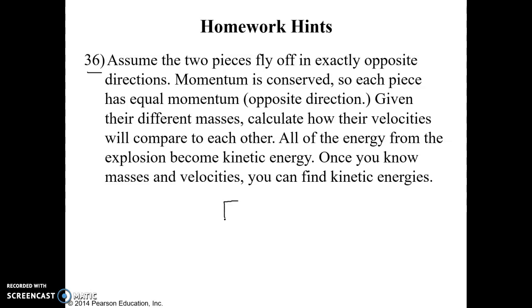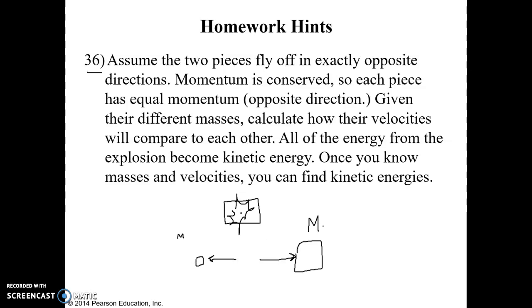So we have some object. It explodes and breaks into two pieces. We have a small piece and a large piece, and they're going to fly off in opposite directions from each other, horizontally opposed. So this one object has a larger mass, and this one has a smaller mass.